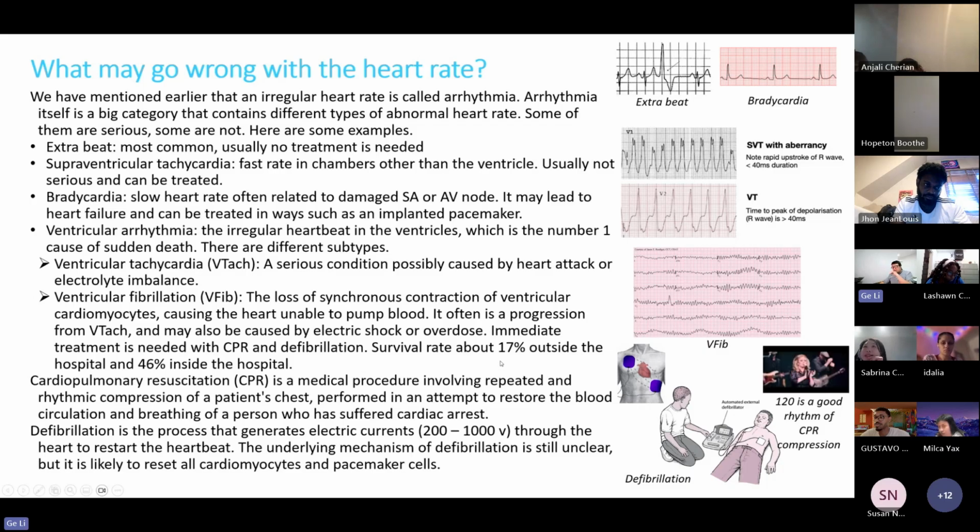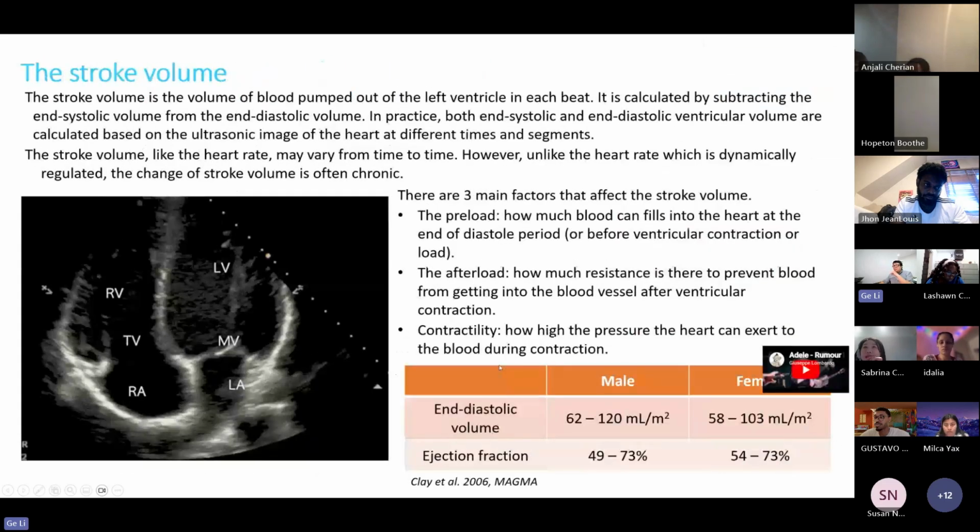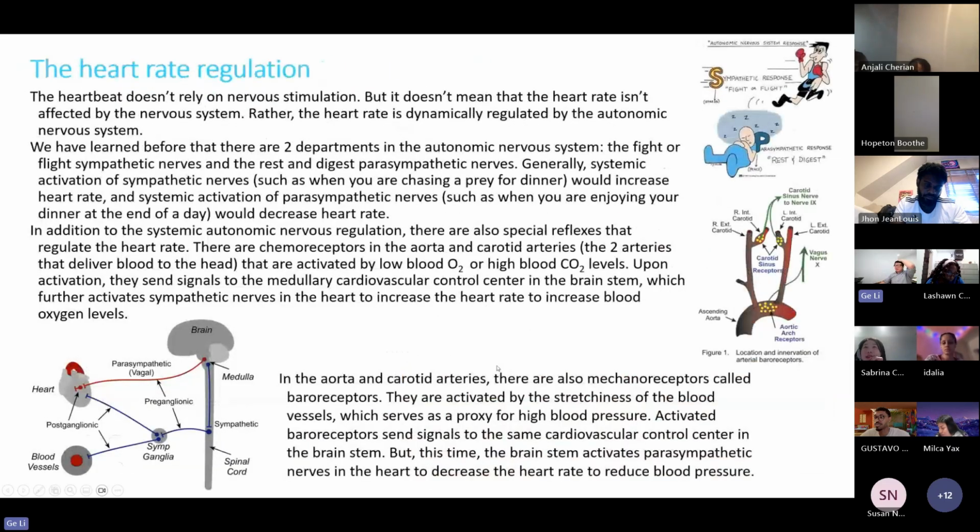Okay, so let's come back now. We just discussed several abnormalities of the heart rate, and actually most of those abnormalities begin with normal regulation. So here we talk about how the heart rate can be regulated.